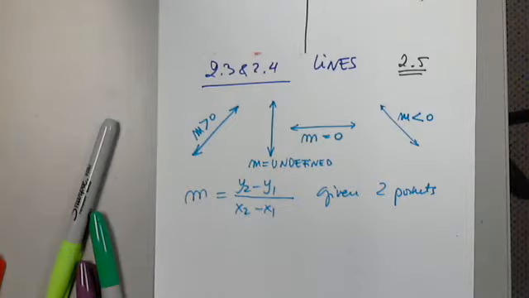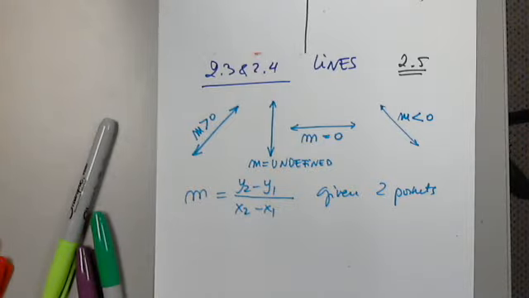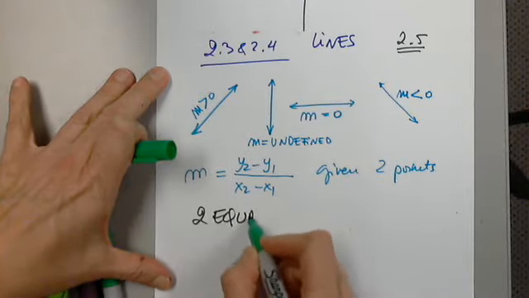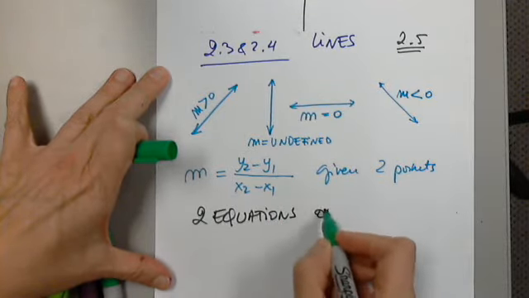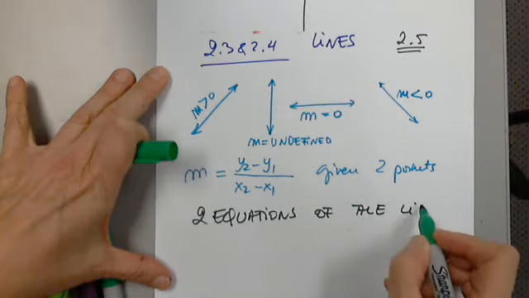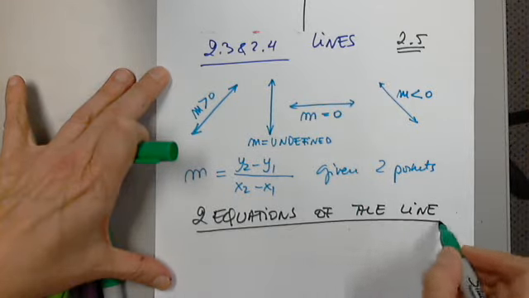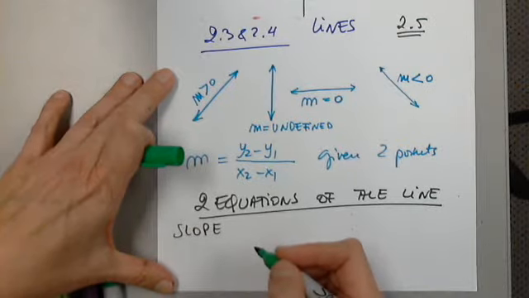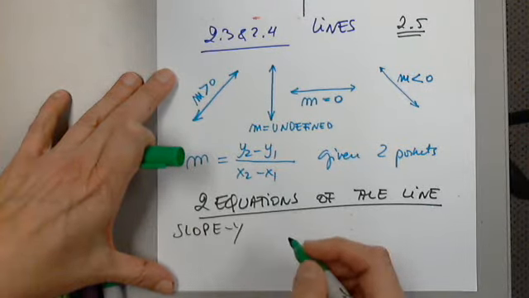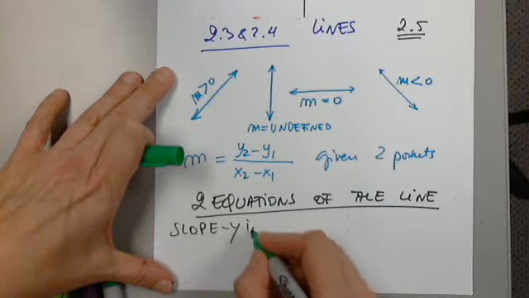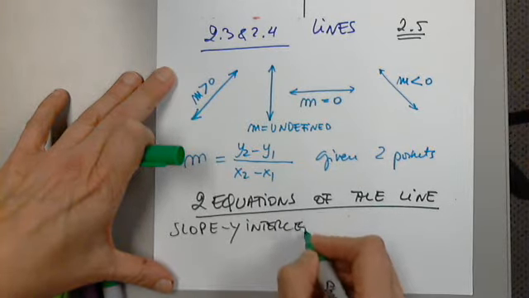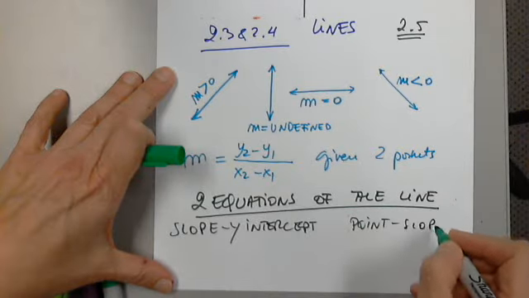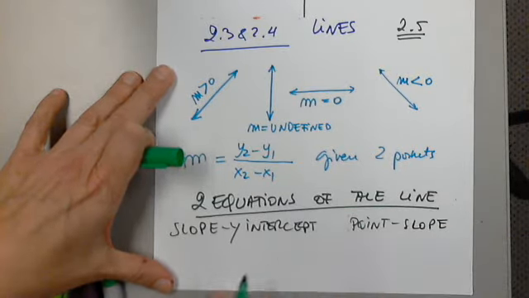Perfect. Okay. We have 2 equations of the line. One of them is slope-y-intercept form, which I like to call y-intercept, not just slope-intercept, so it's clear. And the other one is point-slope form.